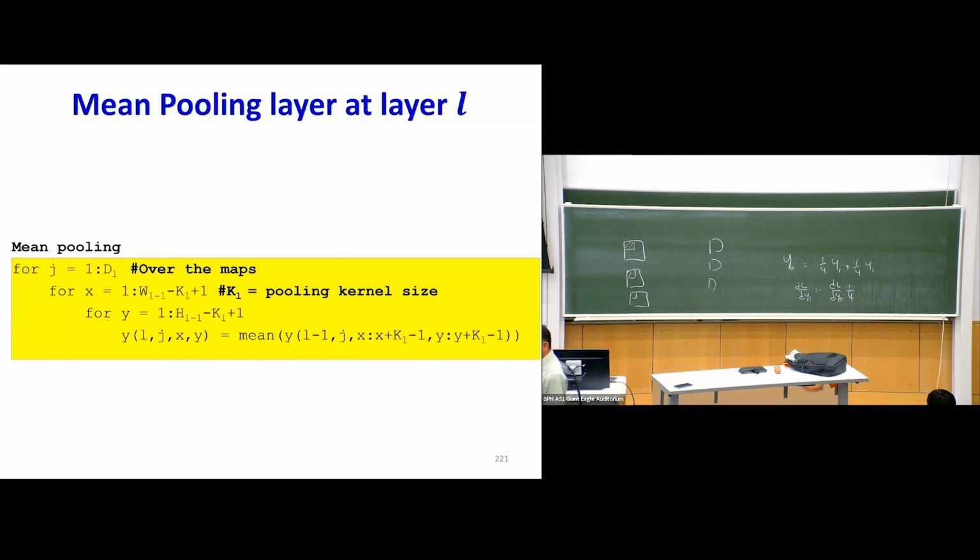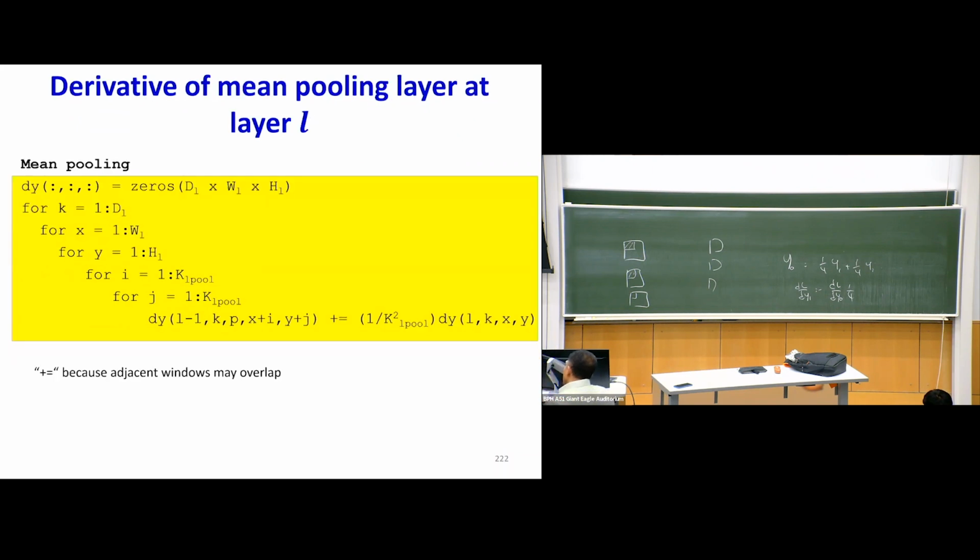Right? And so the pseudocode over here was the forward operation: you were scanning the input, and at each position you were computing the mean of this block. Going back, you would grab the derivative for the output, divide it by the size of the block, which is going to be k squared, and add that to the derivatives at each position in the input that was used to compute it.